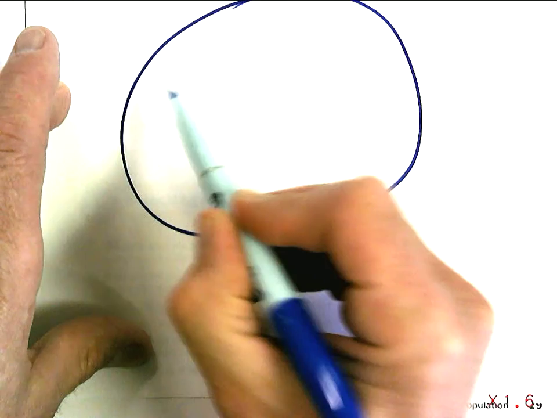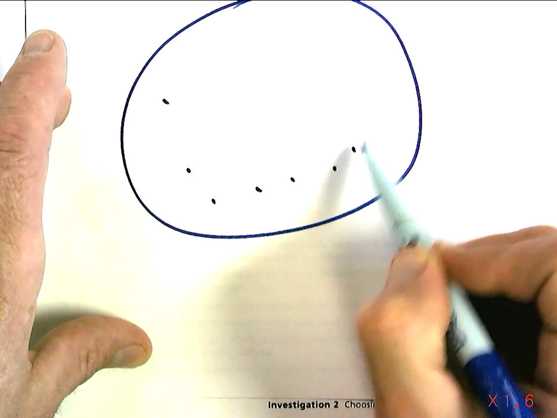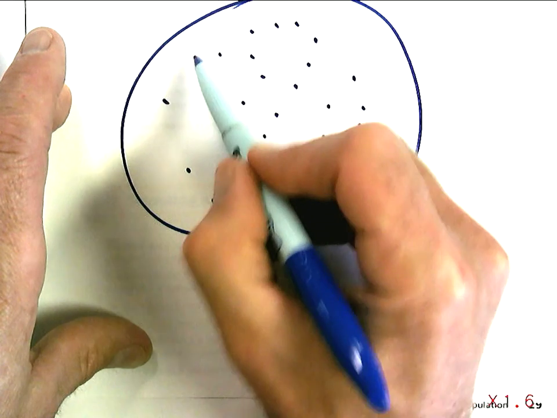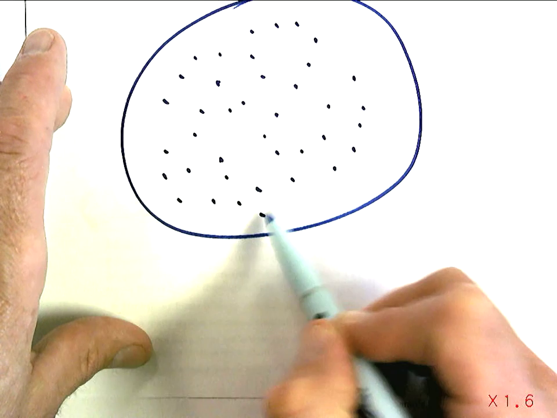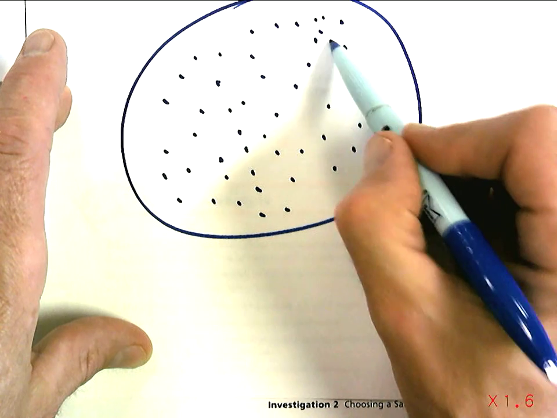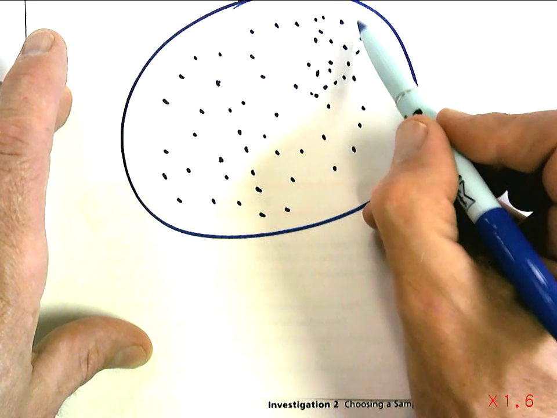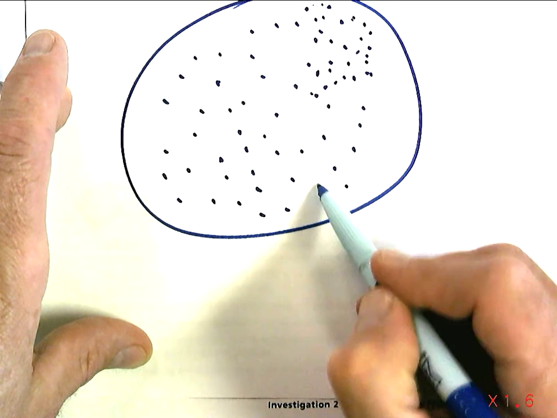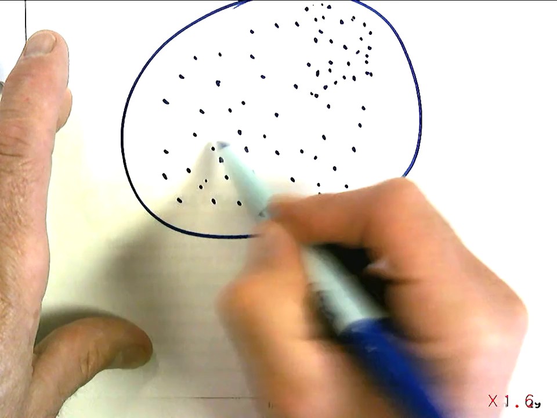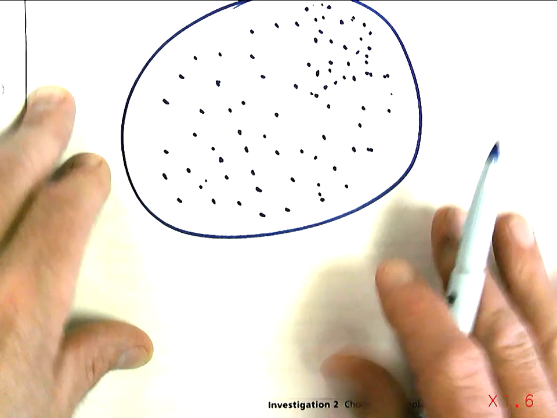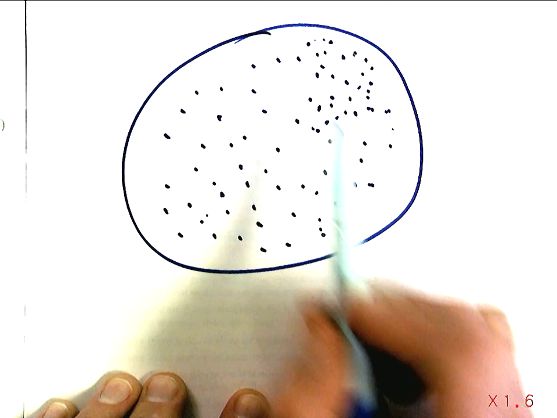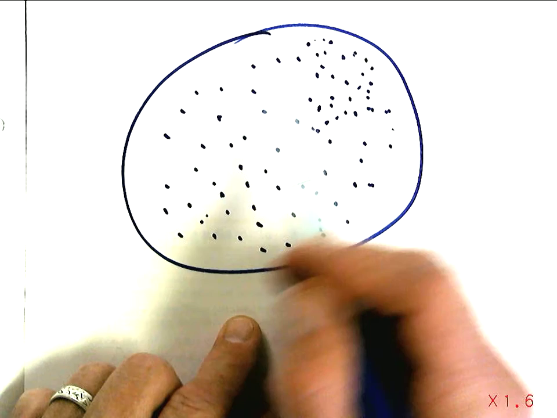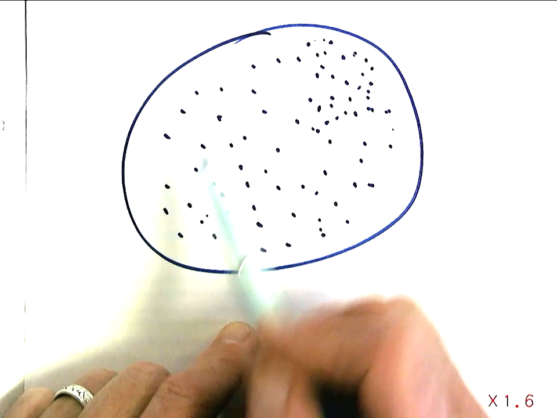If this is my population, all the people in this circle, every one of them, and each of these dots just represents another person. Maybe there's more people over here because this is more population here, and maybe there's fewer here. And so again, the idea is you pick out of this circle to make sure that you had a representative group that represents every one of these people.